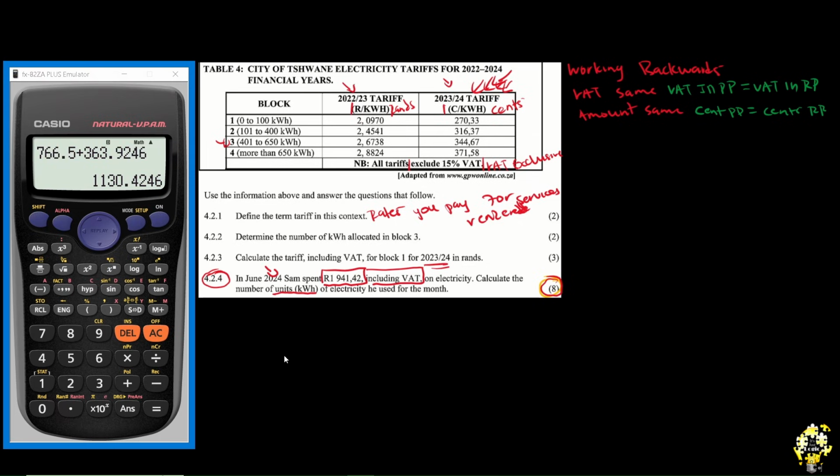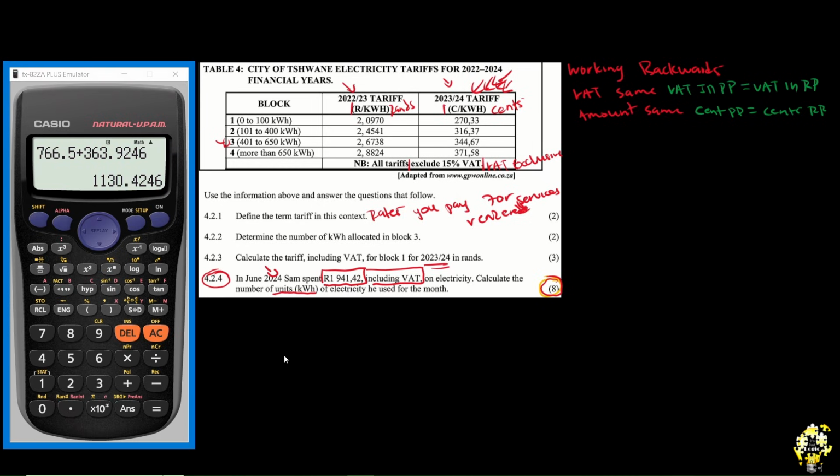If it's rands for the purchasing price, then it also has to be rands for the rates of prices. We have VAT inclusive, we have VAT exclusive. This is not going to work. We have rands, we have cents. This is not going to work. This is what we should fix first so that they all look the same.